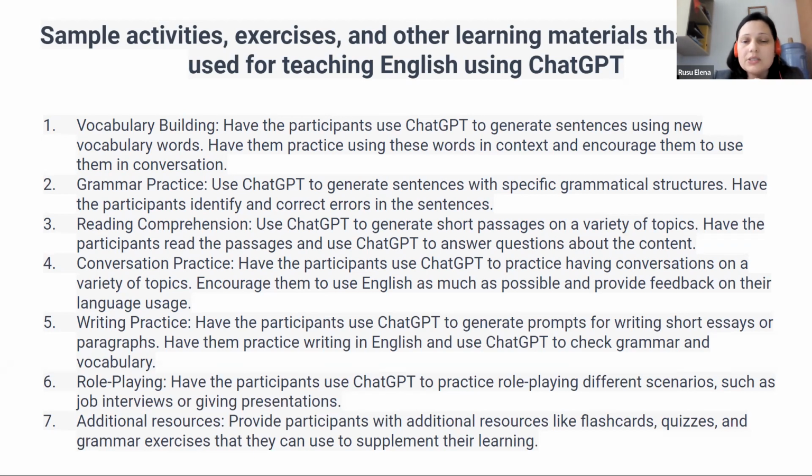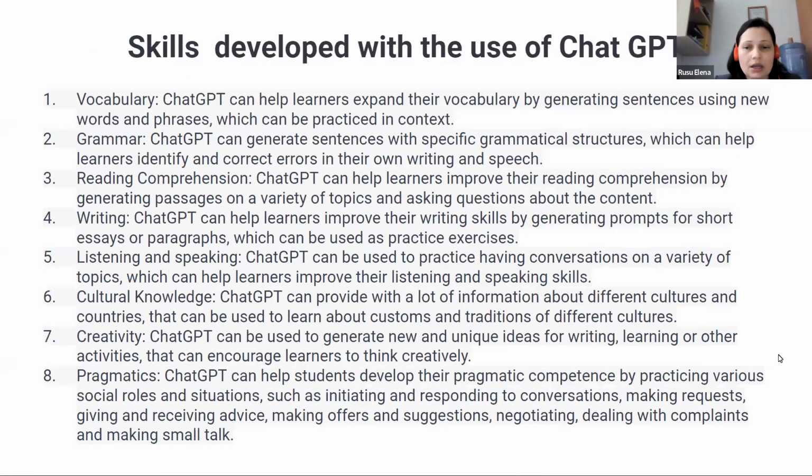If the students are interested in how to create a conversation on a topic that they don't know about, the specific content, then ChatGPT may help them to create a dialogue on the content that they would like to learn.